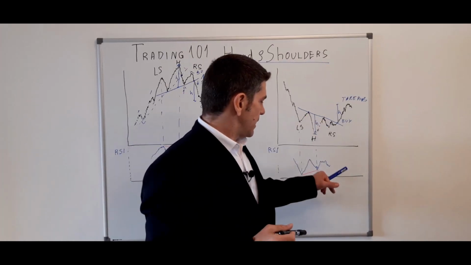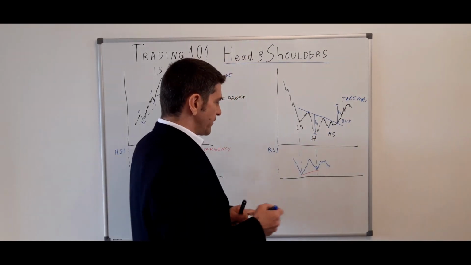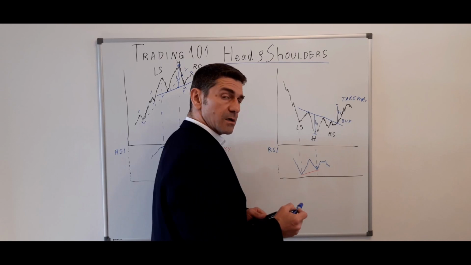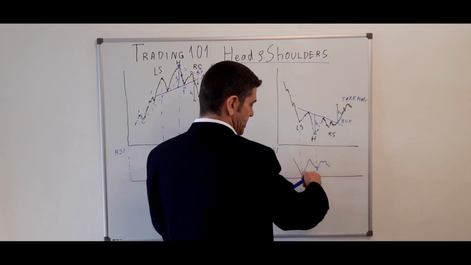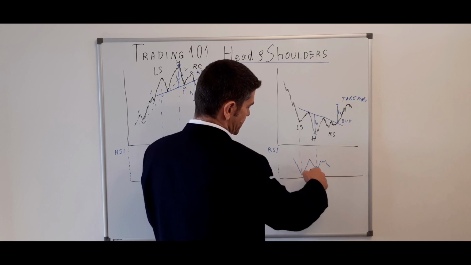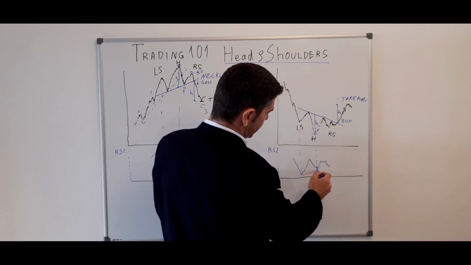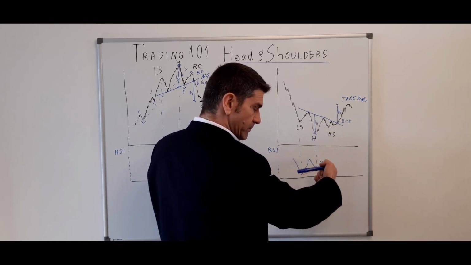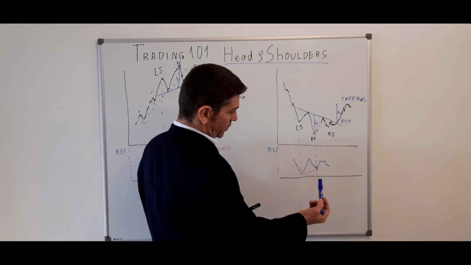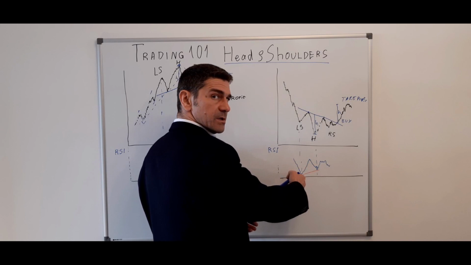Again, how can we confirm that this is happening? We can confirm it using some indicator to show us divergency. In this case, how is divergency going to look like? Let's look here. We've got a higher low. In other words, this dip is on a higher level than the previous one.